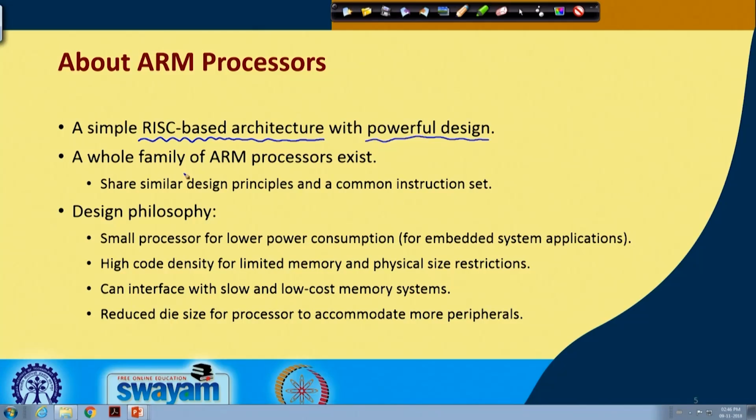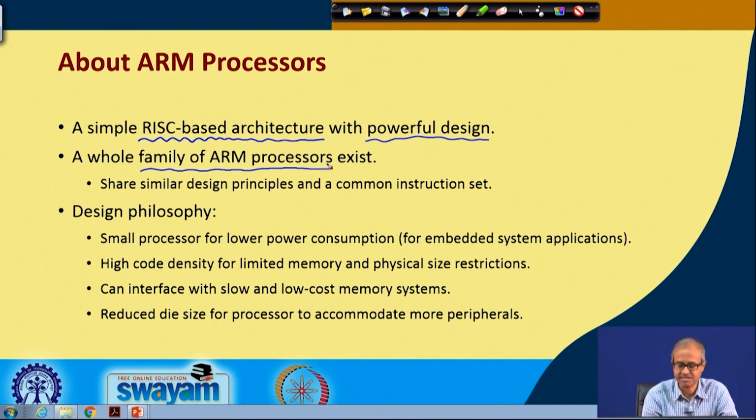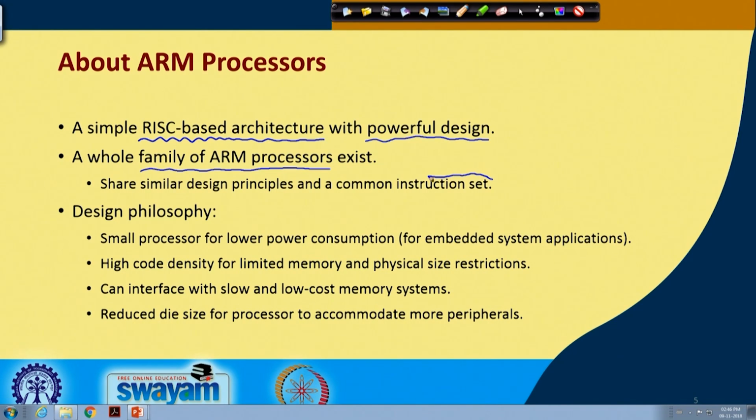Now, as I told you, this ARM processor is not just one, but a whole family of ARM processors exist. And the most important thing is that in order to maintain backward compatibility, which is very important in this kind of evolution, all of these share essentially a common instruction set.